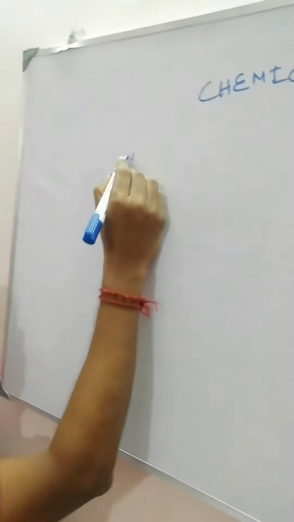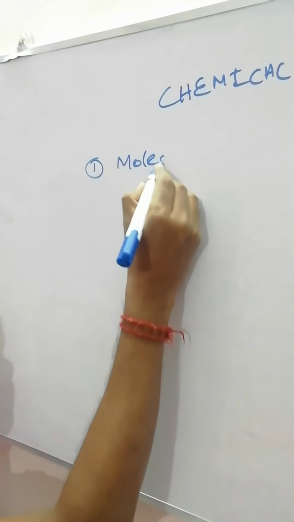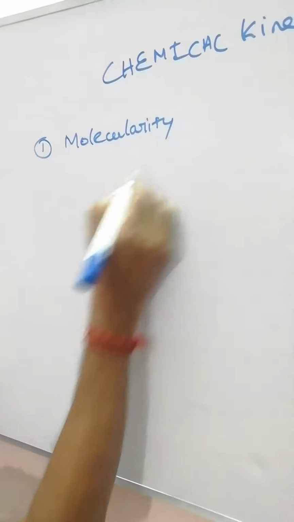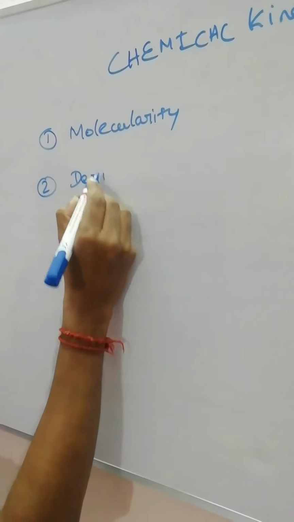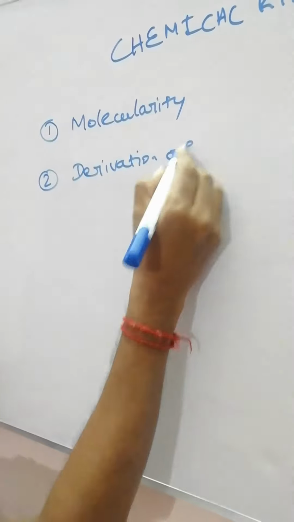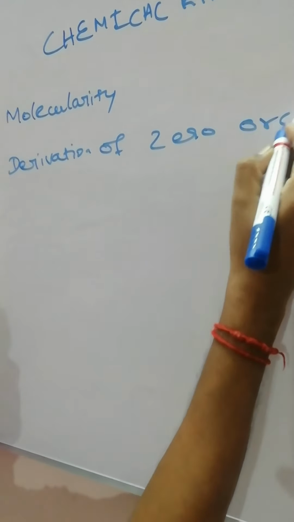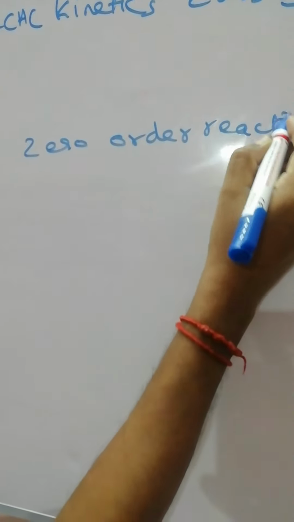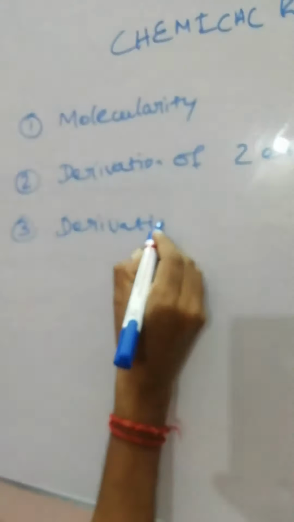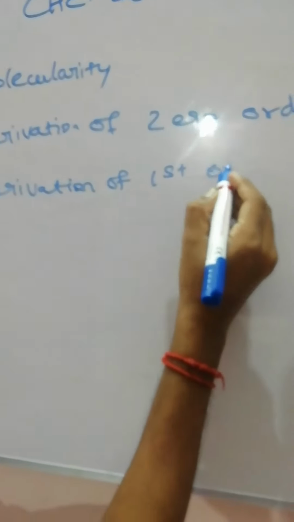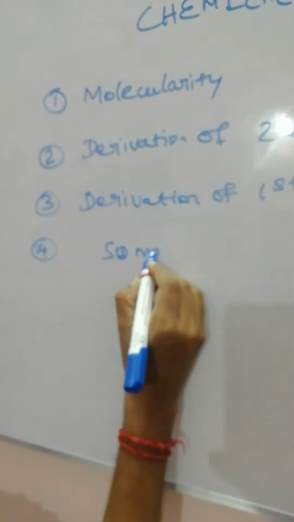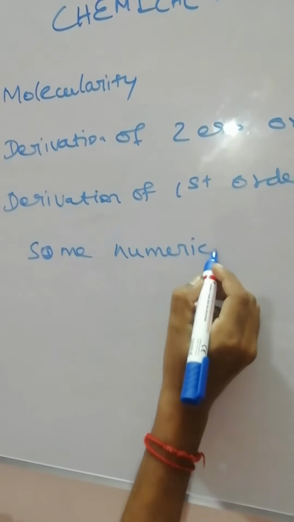In this class we are going to study molecularity, derivation of zero order reaction, derivation of first order reaction, and some numericals. Okay, so this is the topic we are going to cover today.